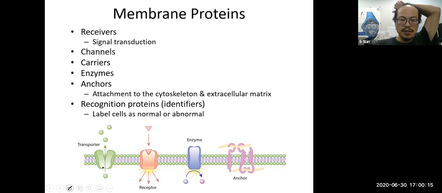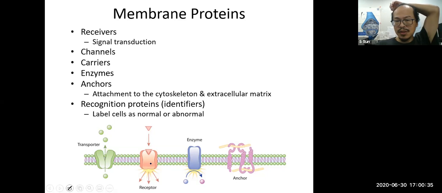So one particle binds on it and moves it to the other direction. We can make it a receptor. So this one, for example, insulin, can bind on it and cause events inside of the cell. So that's a receptor.